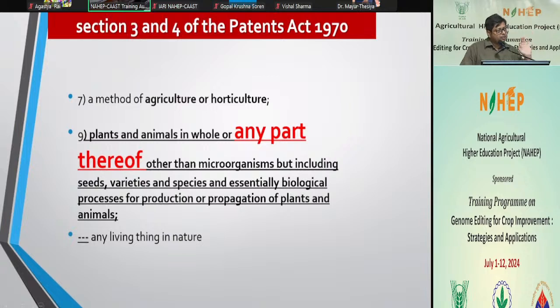It is inside the plant, in the plant cell, in the nucleus. So is your mutation a part of the plant? That is the question here. After the genome editing, if what we have developed is a part of the plant, which apparently it looks like, then it has to be dealt with in that manner, which means that it cannot be patented.